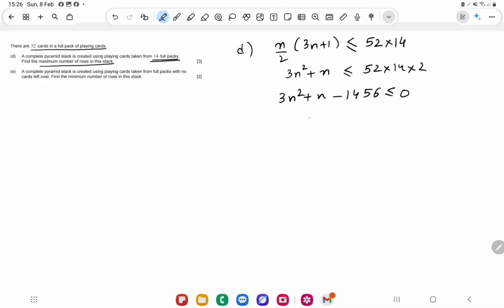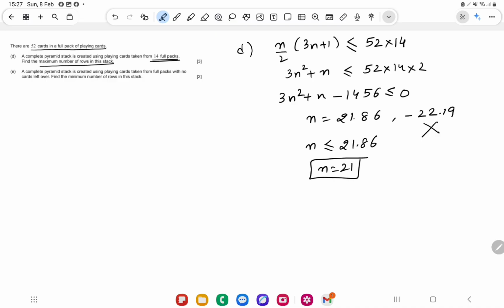Now by using GDC, we can get two values, 21.86 and minus 22.19. This we have to reject as number of cards cannot be negative, and my condition was less than or equal to 21.86. So I can write my n value as 21.